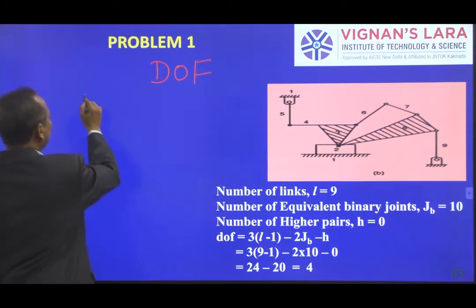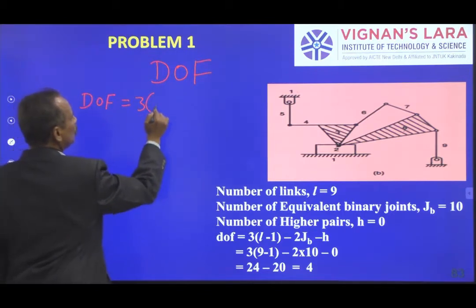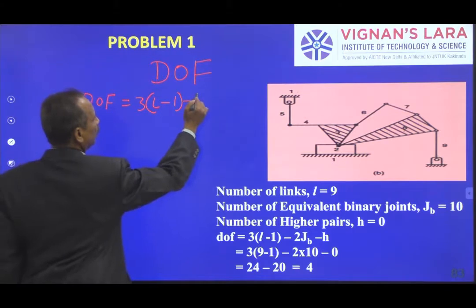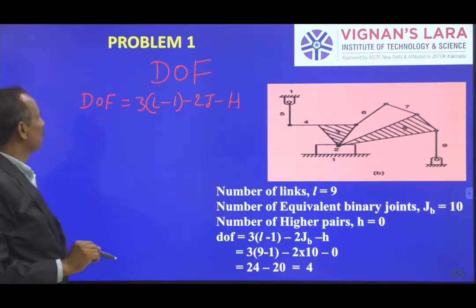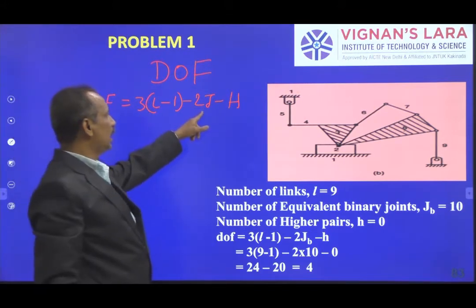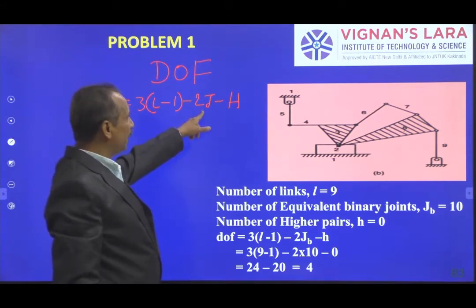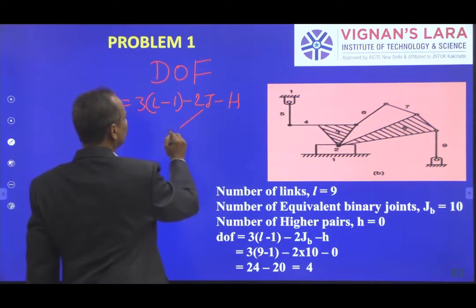So my simple equation is 3 into (L minus 1) minus 2J minus H, where L is the number of links, J is the number of binary lower pairs, and H is the number of higher pairs.